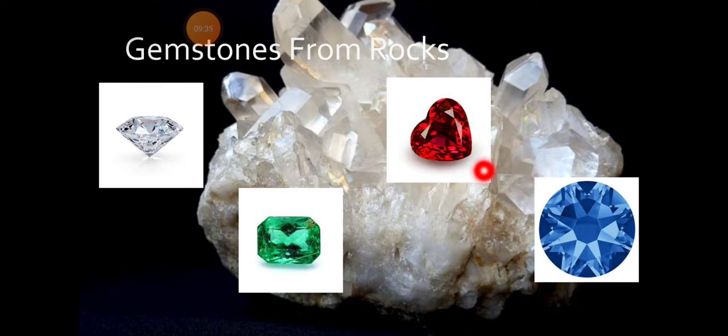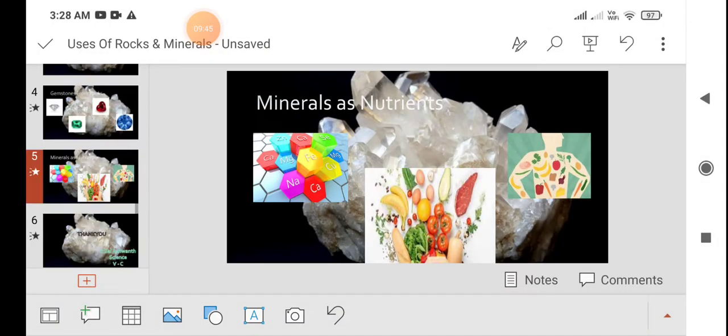So the minerals are very hard and found in the form of crystals. They are cut and polished into beautiful stones called gemstones. And minerals are also used as nutrients. We are getting nutrients also from the minerals.